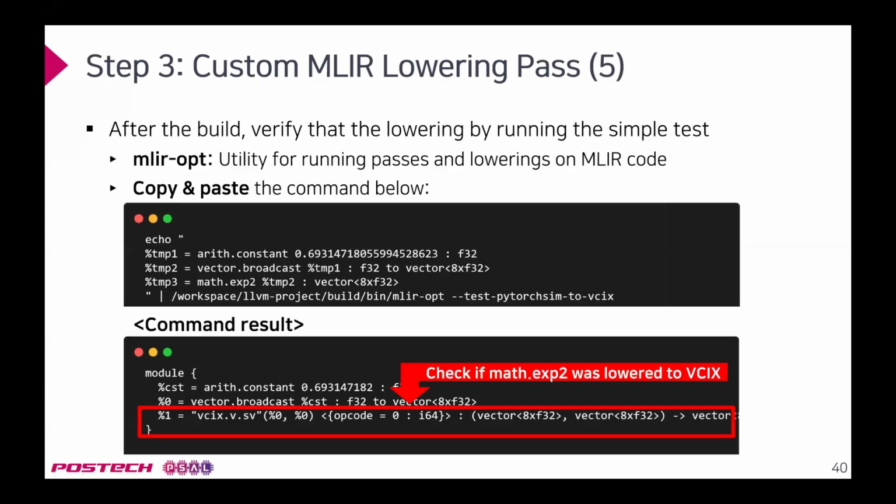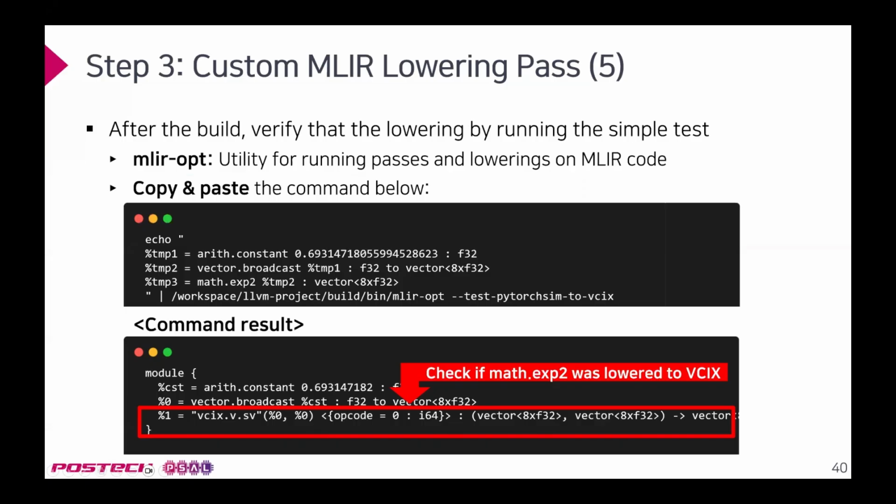Once the build is complete, we can verify that the lowering works by running this test. So you can copy this command and paste it in the terminal and run the command. And then the result will be like this. So let me show.